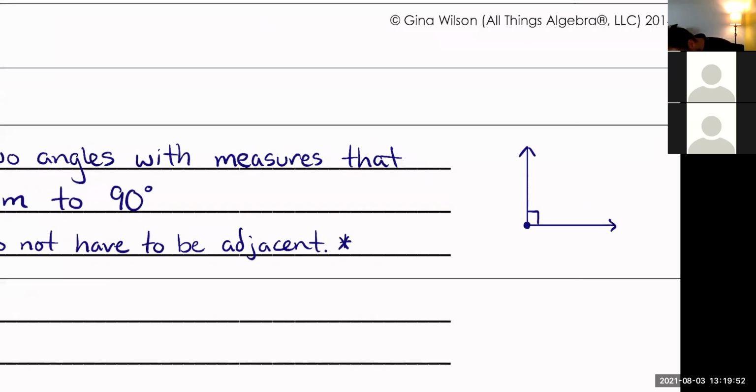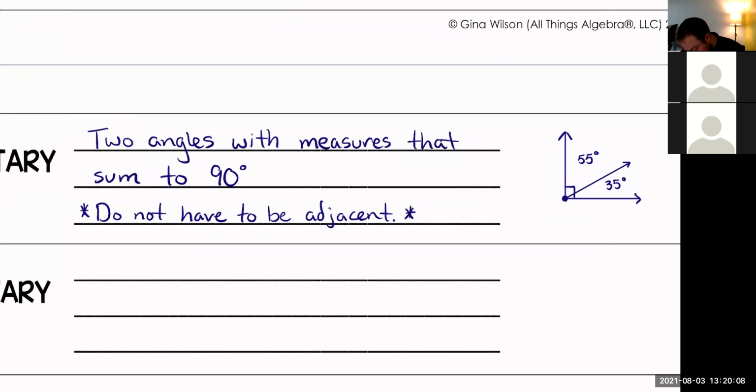But then in there, I'm going to put a third ray and say that the smaller one is 35 degrees. Therefore, the larger one must be 55 degrees. So those two angles would be considered complementary because they equal 90 degrees.